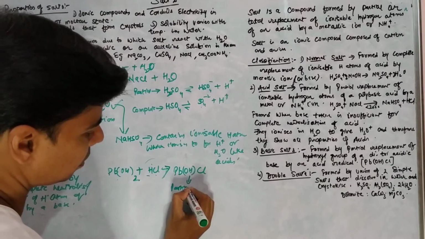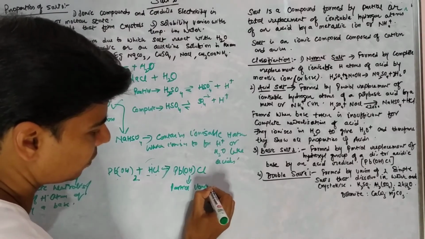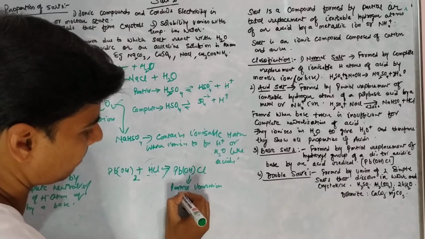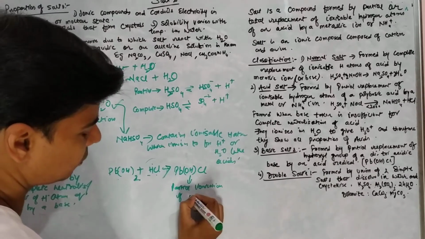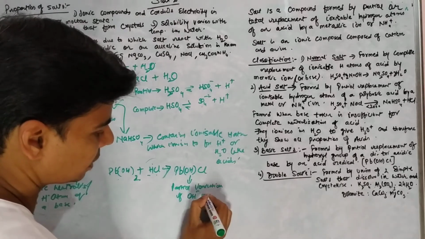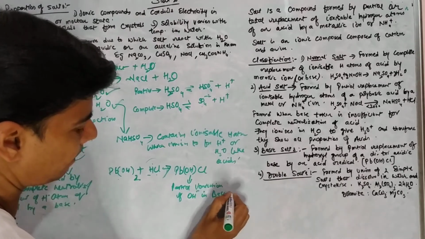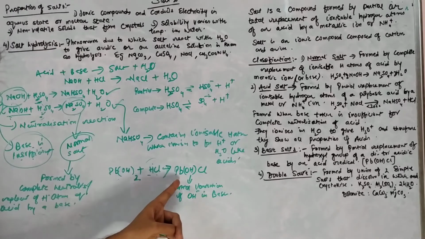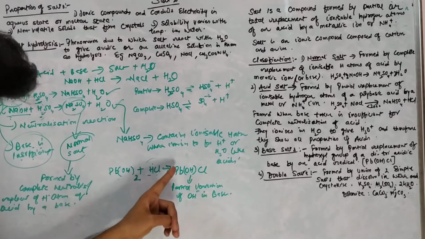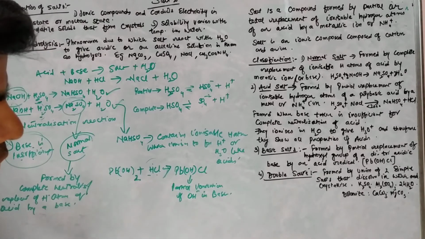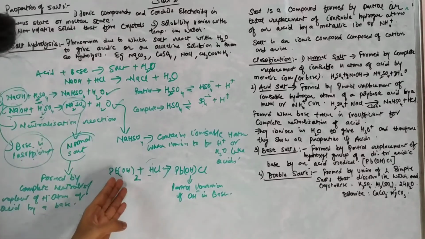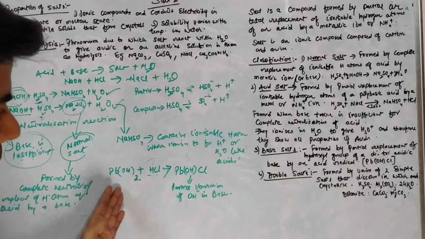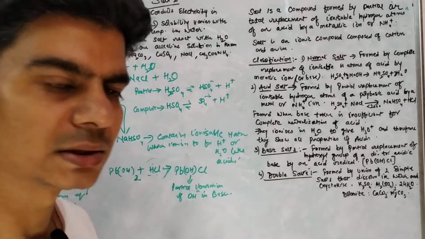partial replacement of hydroxyl ions in bases, right. And you can see it consists of a metal ion, a non-metal ion, and a hydroxyl ion, right. So this we know is a diacidic base. Basic salts are formed from di and triacidic bases.